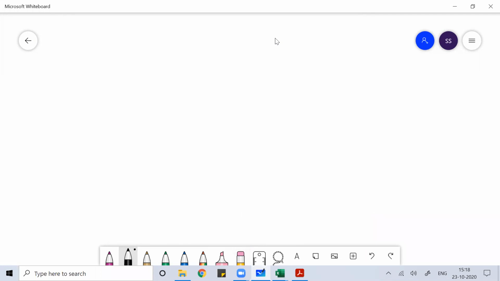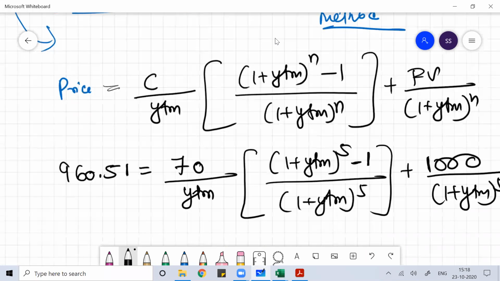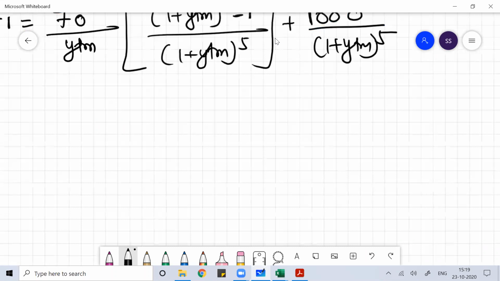Randomly you have to assume some value of YTM, find the price under that value, and ultimately see at what value of YTM you get the price of 960.51.